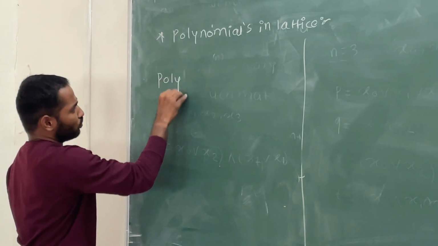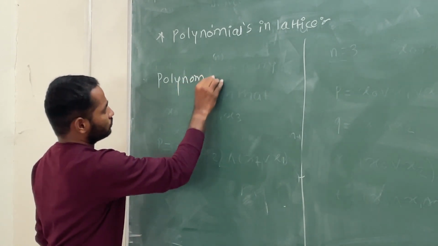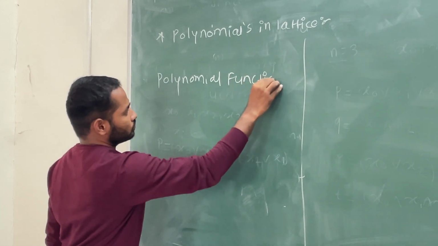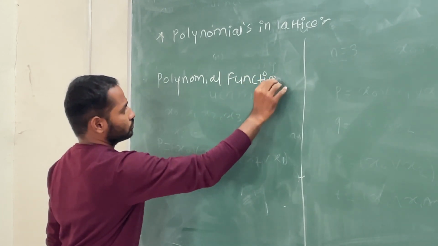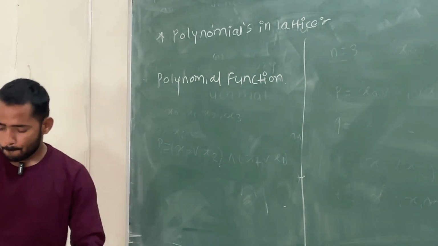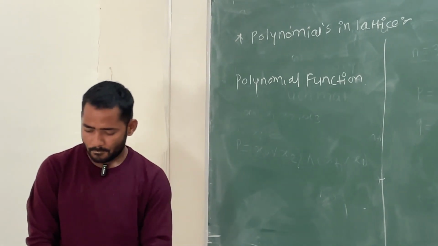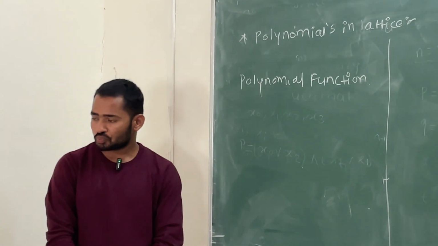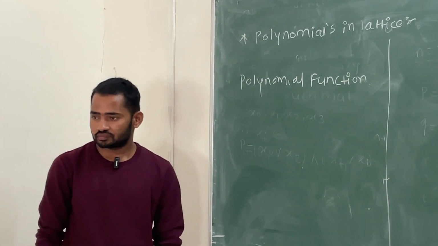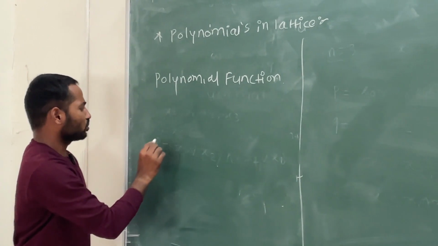Now we discuss a polynomial function. Whatever we have defined in that P of n, they are all polynomials. Actually, they are functions. When you say a function f of x, you can substitute the value of x there. Is that clear? A polynomial function satisfies the following properties.